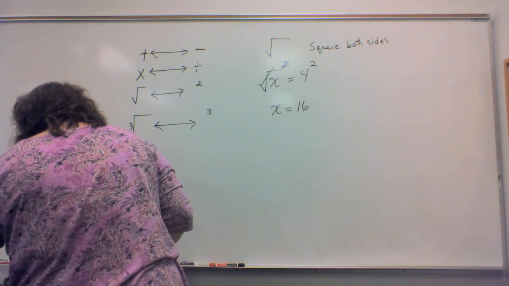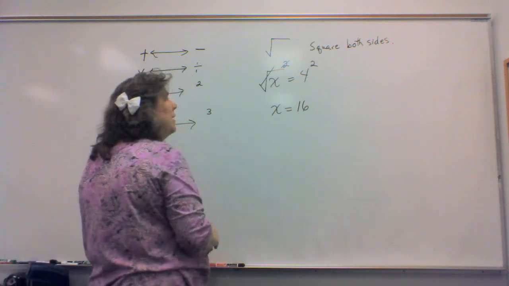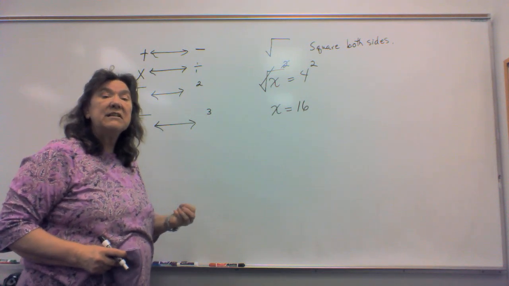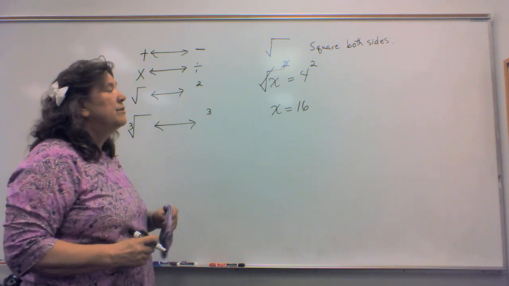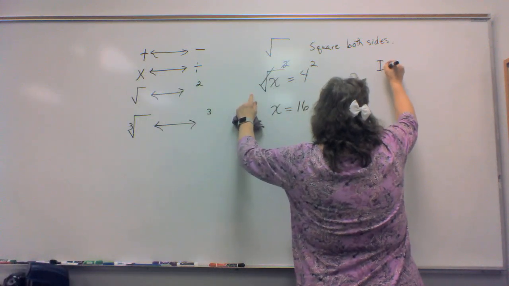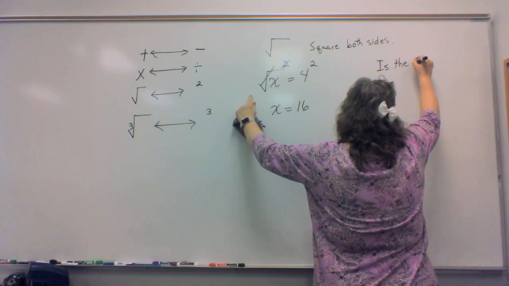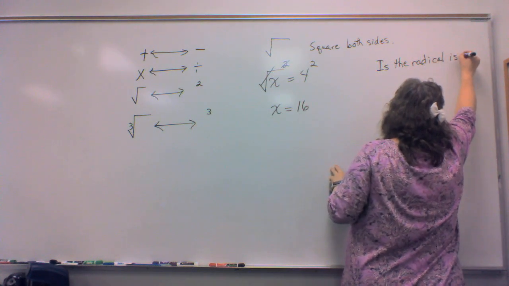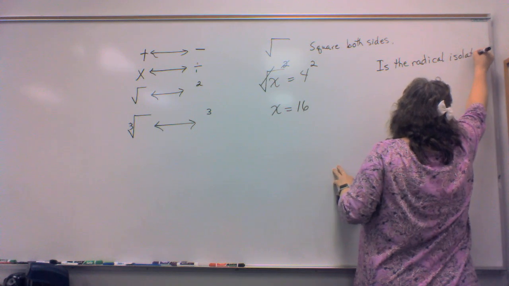Now, there are a couple of questions we can ask ourselves to facilitate this whole thing. The first question is: is the radical isolated? Because you cannot undo it until it is isolated.